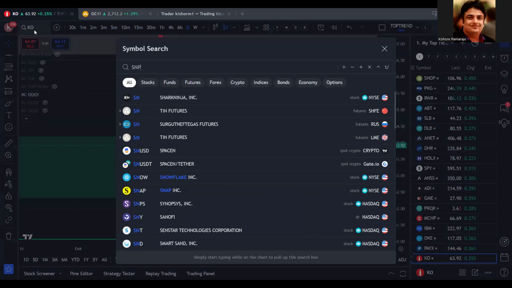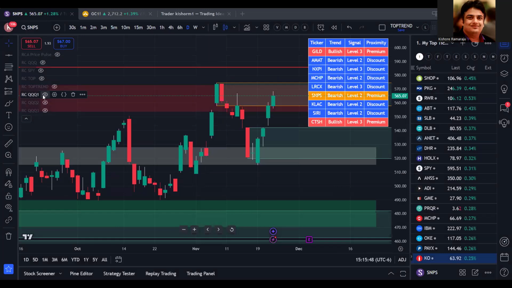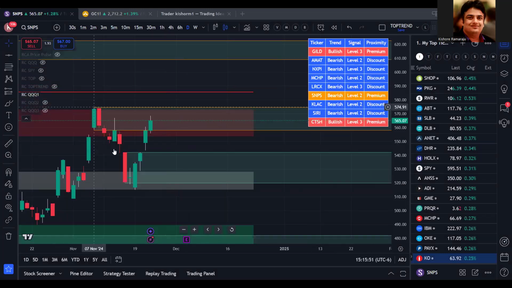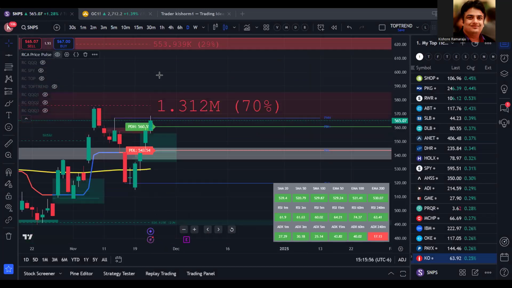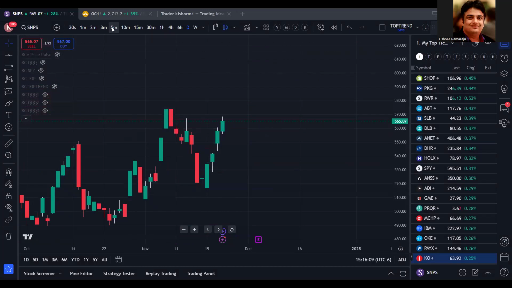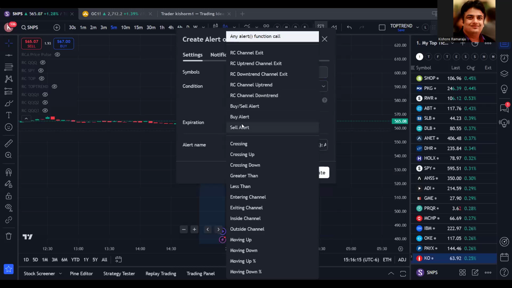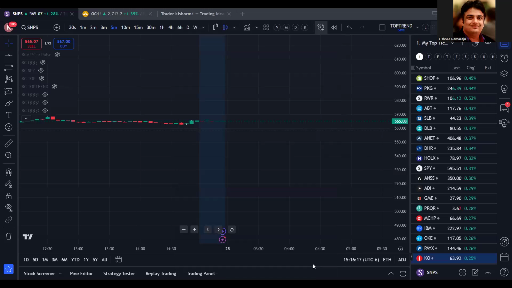I can go to SNPS. You can see that there are a lot of sell order blocks here. You can see there is a 1.3 million sell order block. So Monday we may see a big drop here. It may come all the way back. So now I can go to 5 minutes. So I can put a right, or I can create a watch list.